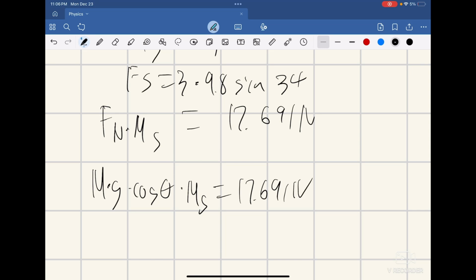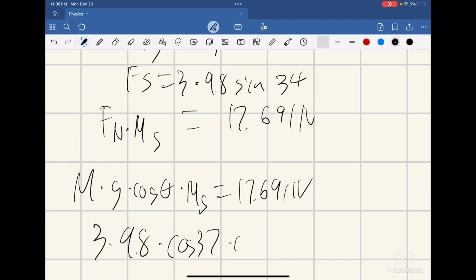So we divide both sides by the mass, sorry, by mass g cosine theta. Let me plug those values in real quick. 3 times 9.8 times cosine 37 times mu s is equal to 17.69.